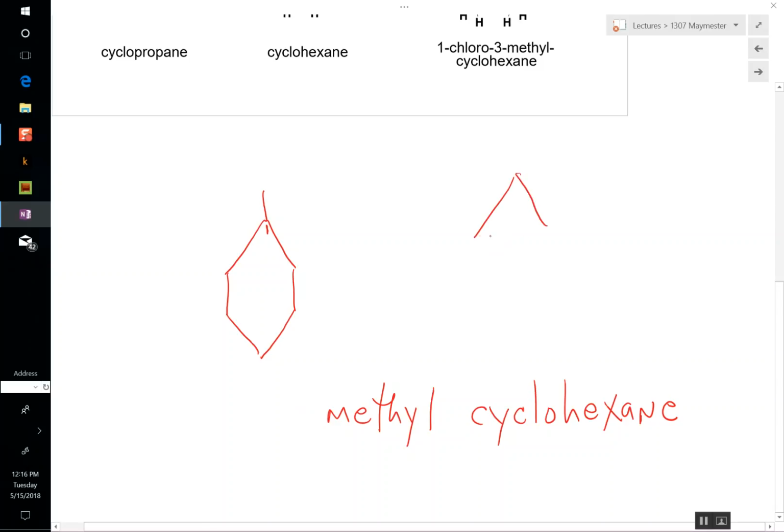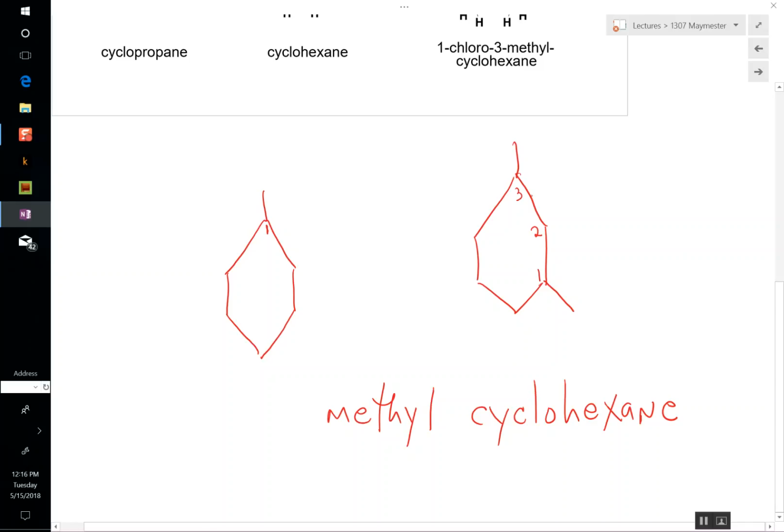Now let's go one step further here. Put a methyl group there, and let's put a methyl group there. It's the same thing, right? If you start from this one, it'll be 1, 3, and if you start from that one, it'll be 1, 3. It doesn't matter. I could call this 1, 2, 3.